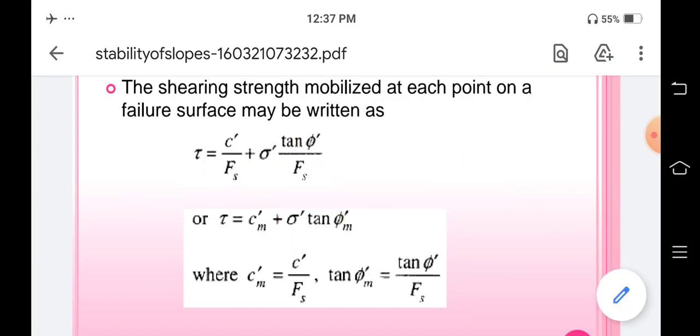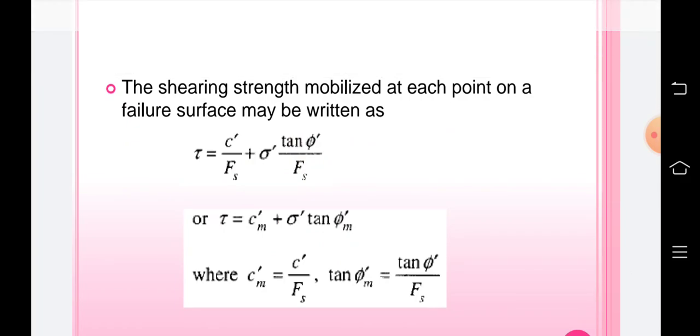Okay, so we have three factors of safety. The fourth one, factor of safety with respect to height, is also there, but we have only three: factor of safety with respect to shear strength, with respect to cohesion, and with respect to angle of internal friction. Note that factor of safety is the ratio of maximum shear strength to the maximum shear stress, that is Fs equal to S upon tau.